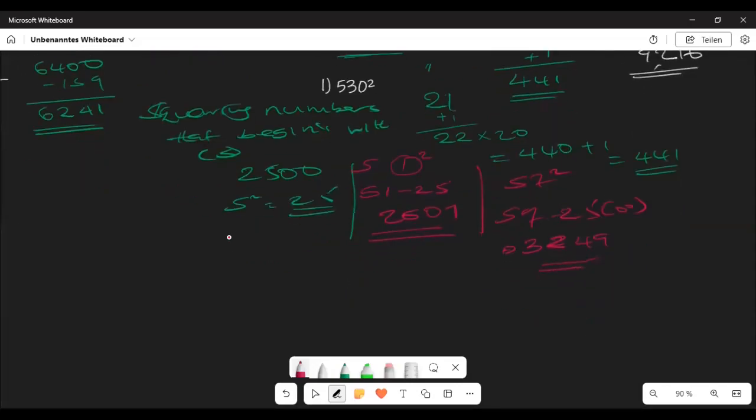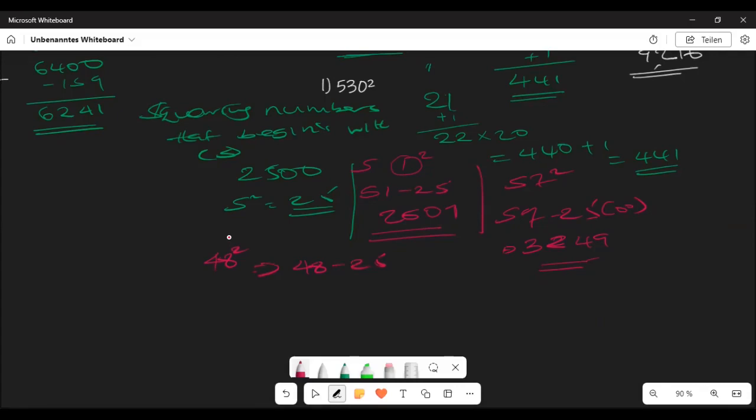The thing with numbers that end with 5, you can now use that method to multiply, let's say, 48 squared, because 48 is less than 50. So what we're going to do here is say, what is 48 minus 25? That's going to be the first part of the answer.